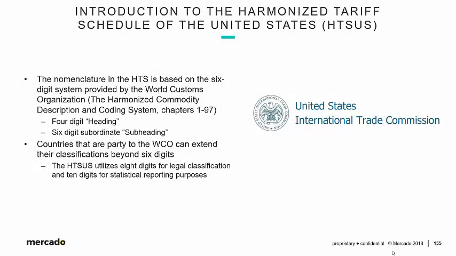We would be remiss, especially in the case of the United States, as we state in our last sub-bullet, if we didn't say countries that are party to the WCO can extend their classifications beyond 6 digits. The U.S. definitely does that. The HTS US utilizes 8 digits for legal classification and 10 digits for statistical reporting purposes.